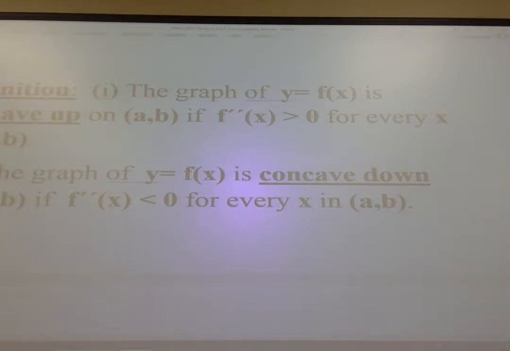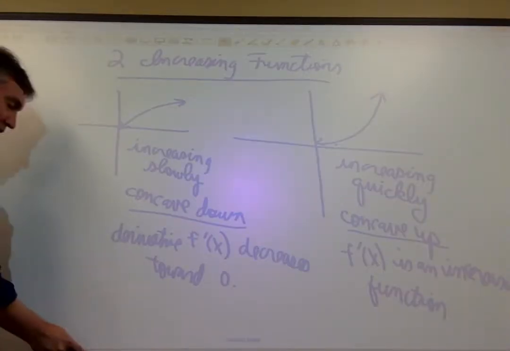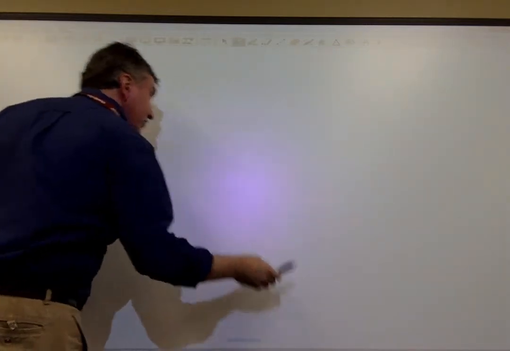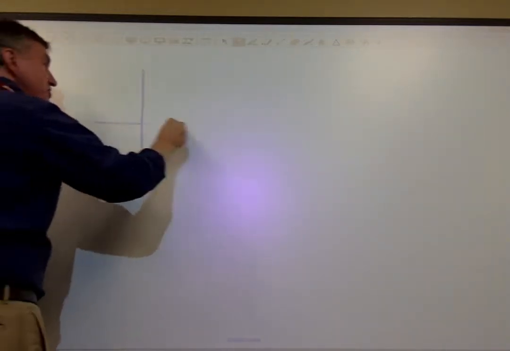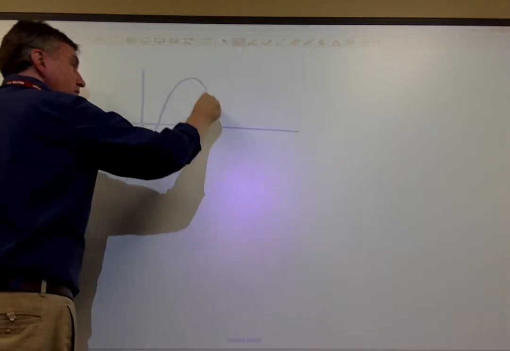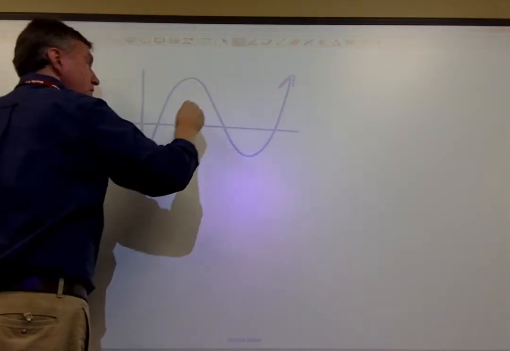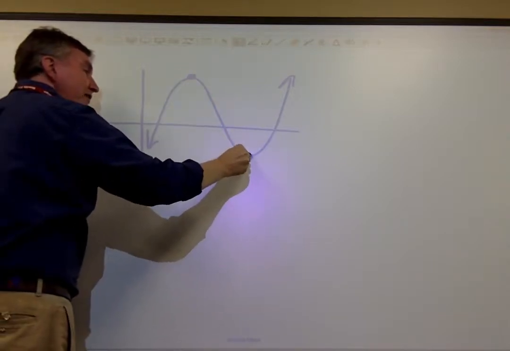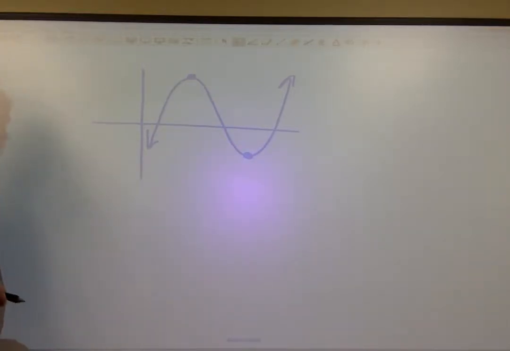So if you remember what we used to do, let me draw it up here. Okay? We used to worry about this in the last unit. We used to say, I'm mainly concerned if I had a function, we were concerned in the last unit about where the relative max and relative min points were, right? Okay? Well, look at this.